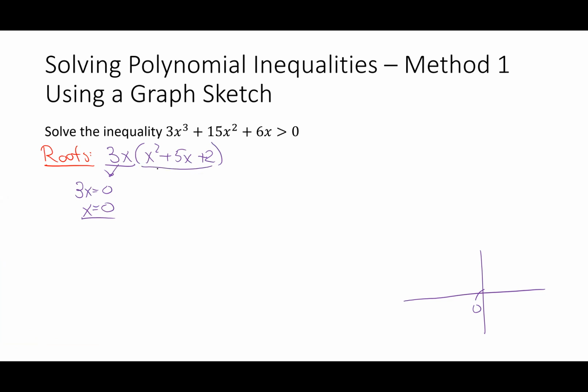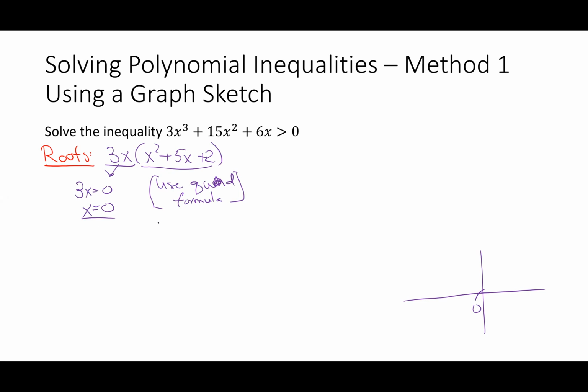Now for this quadratic, I'm going to have to use the quadratic formula. That's an a. What I want you to do is pause the video and use the quadratic formula here.